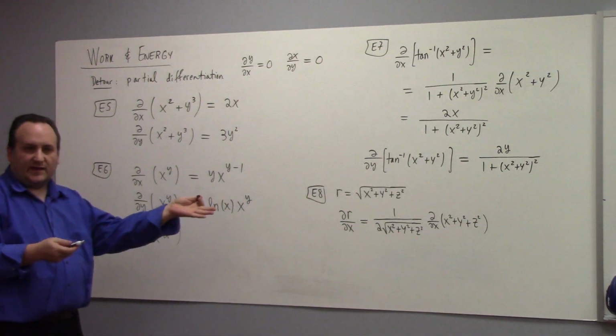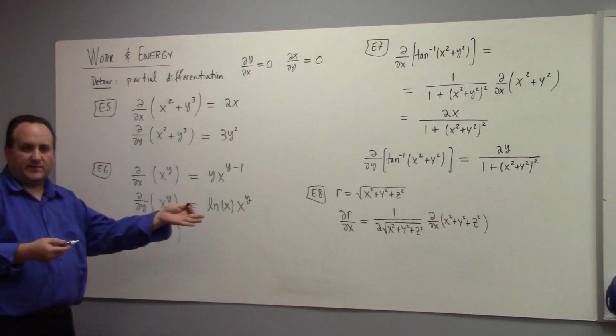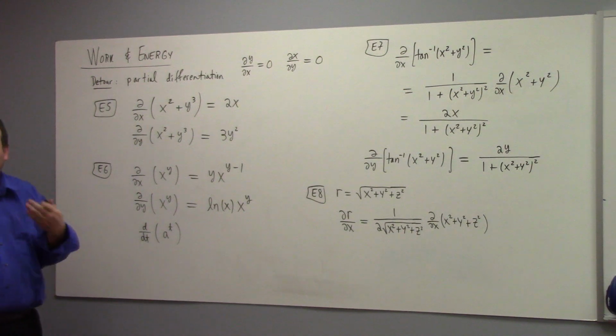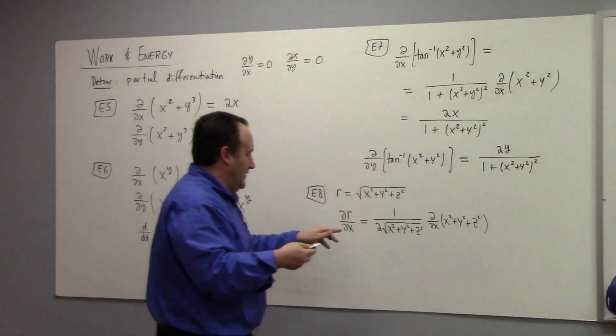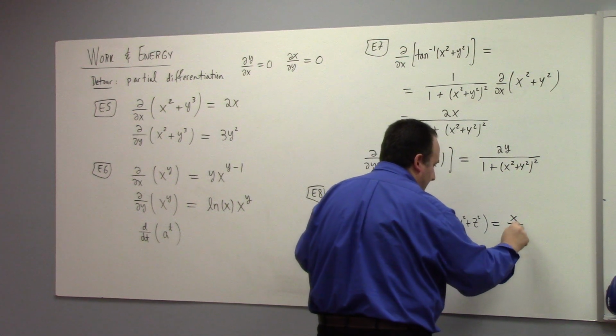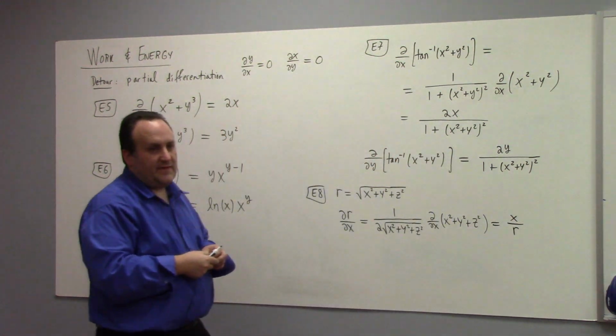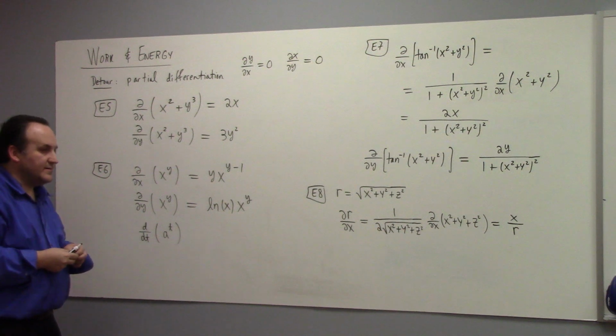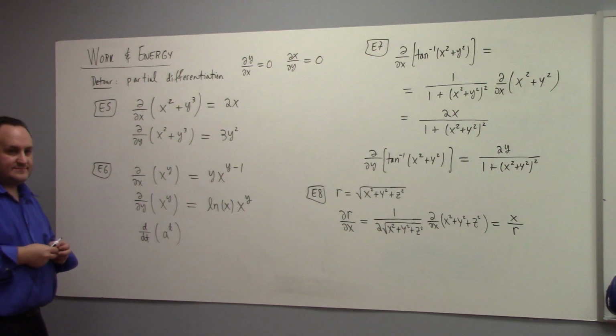Yeah, that's 2x. And can you recognize what the other is? Like we can rewrite that in terms of r again, right? So you've got a 2 and a 2, and so what you end up with is just x over r. That simplifies back down to x over r. So how about, if you understand this, what's partial r partial y, you think?